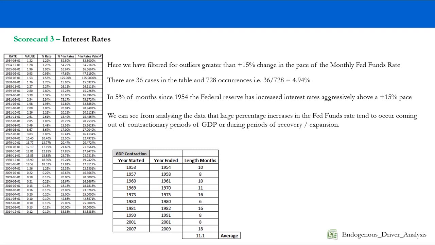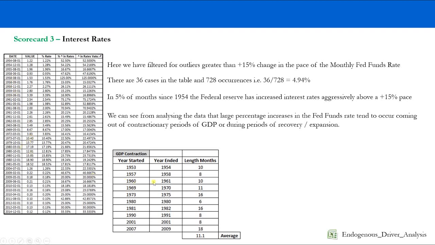And we can see from analyzing the data that the large percentage increases in the Fed funds rate tend to occur coming out of the contractionary periods of GDP or during the beginning periods of recovery and expansion. And if we look at the data, we can see this holds true. There are a couple of anomalies. In 1953 to 1954, we see big pace increases. In 54, 55, in 57, 58, we see them in 1958 and also in 1959.